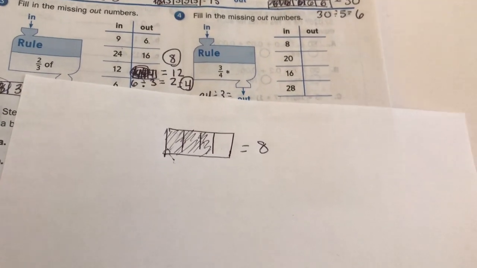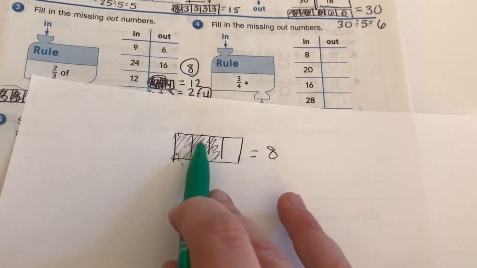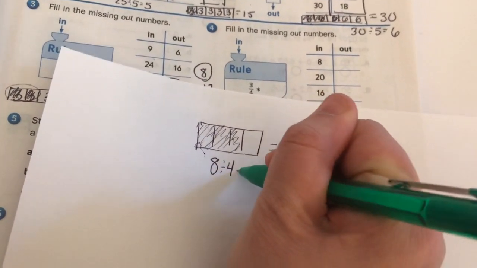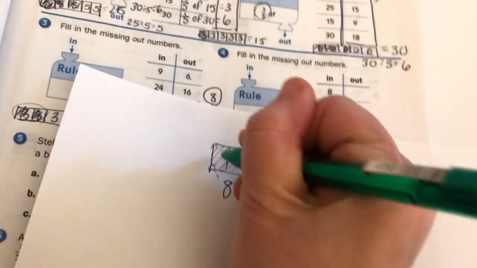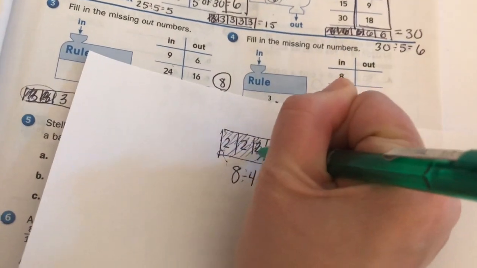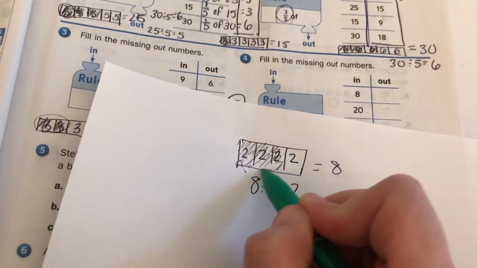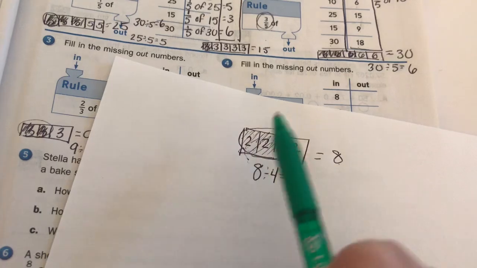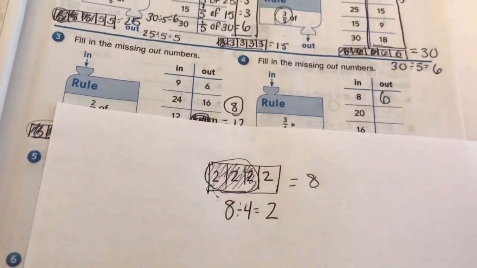Well, I first have to think about what is 8 divided by 4. So 8 divided by 4 equals 2. So each group here is equal to 2. So if I want to know what is 3/4, I want to know this section. Well, 2 plus 2 plus 2 equals 6.